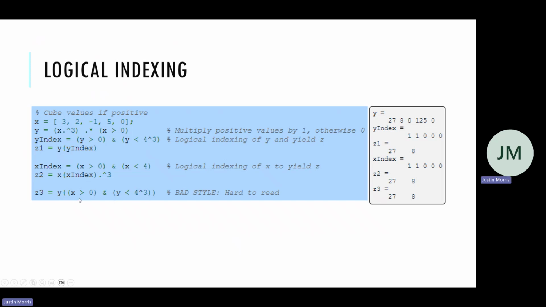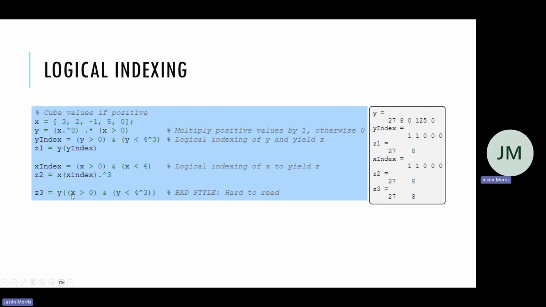But here we're doing multiple steps in one line, right? So we're getting what's here. We want where x is positive and y is less than 64.